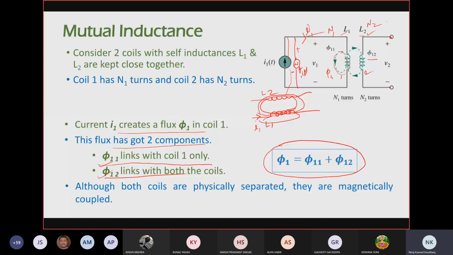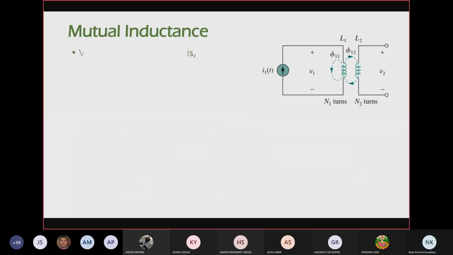So you can see that even if the two coils are physically separated from each other, they are magnetically coupled with each other। इलेक्ट्रिकली आइसोलेशन में है दोनों कंडक्टर और कॉइल, they are not in physical contact with each other, but they are magnetically coupled, right? Then what will happen?